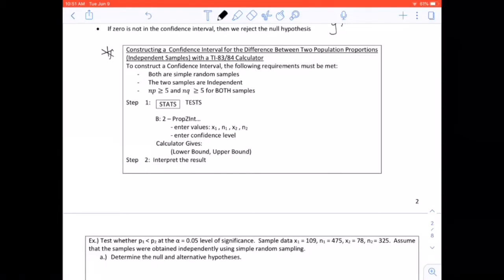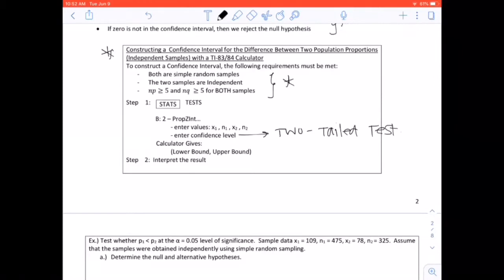This is again for independent samples with an 83 or 84 calculator. To construct the confidence interval, we need to again check to make sure that all the criteria have been met. Step 1, we are going to go to STAT, TESTS, 2-PropZInt. Again, enter in all of your information, x1, n1, x2, n2. Enter your confidence level. And remember again for this, it always needs to be a two-tailed test. So just keep that in mind when we set these up.